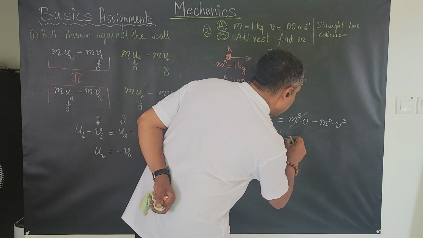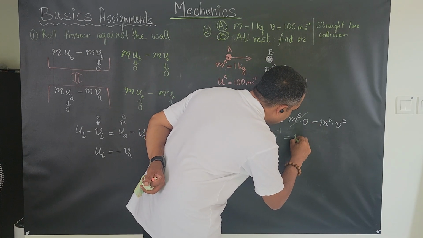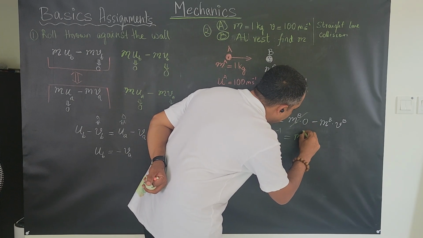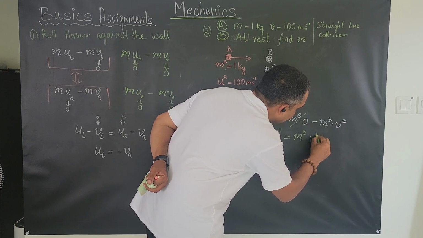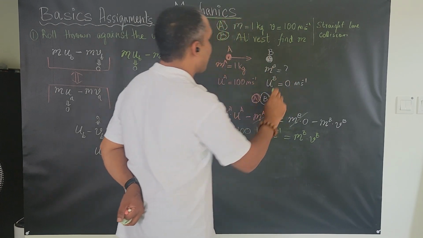And that should be equal to whatever is this mass that we need to find out times what the velocity of this would be right after collision.